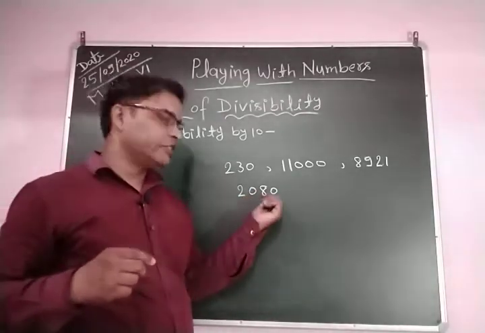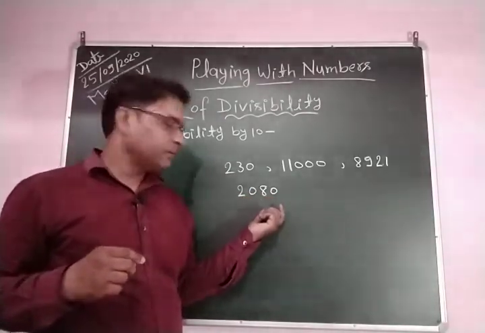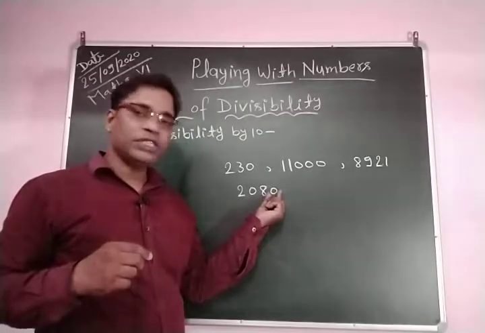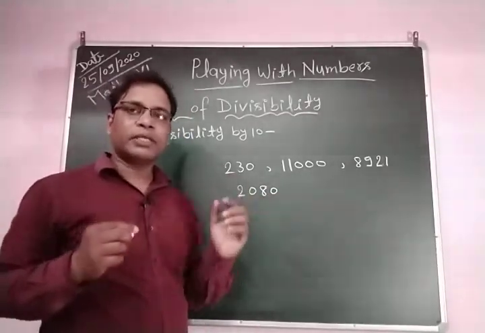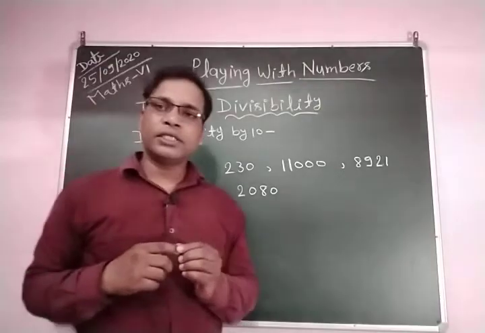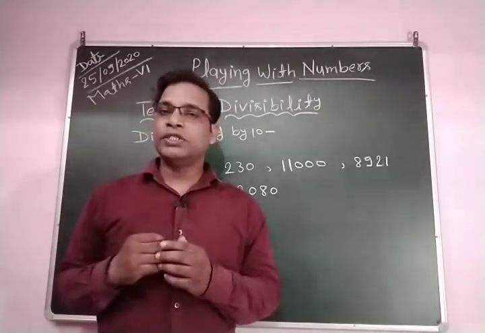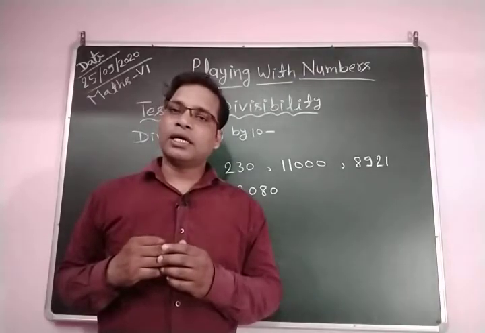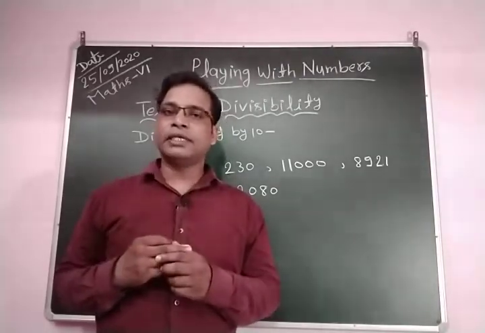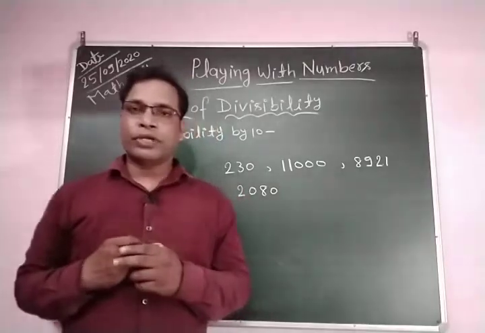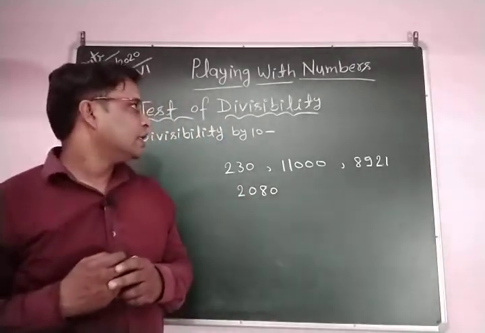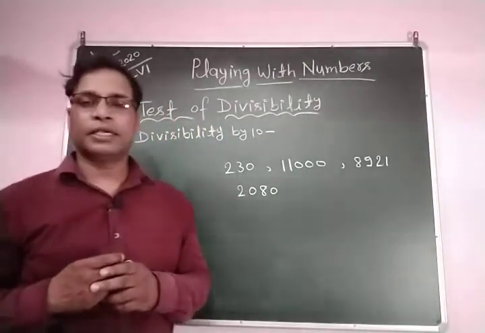Now this is divisible by 10 because its unit place digit is 0. If any number has unit place digit 0, then this number is divisible by 10. So students, I hope all of you understood divisibility by 10.